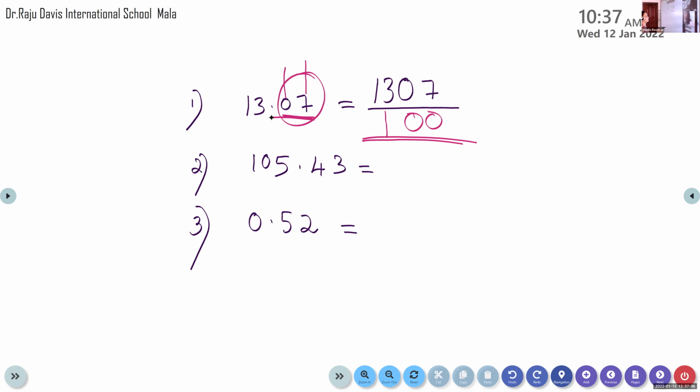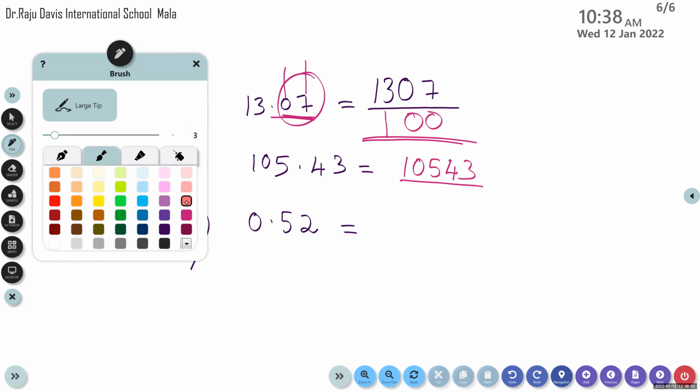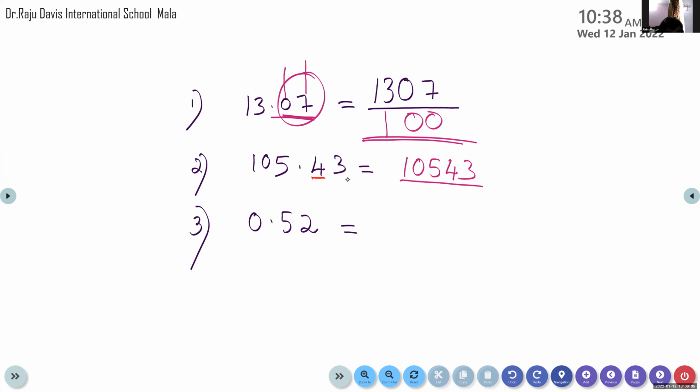Yes. 105, 10,543 divided by 100. Who said 10? Please check how many decimal places here. Here 1, 2. So after 1, you have to write 2 zeros. That is 100.